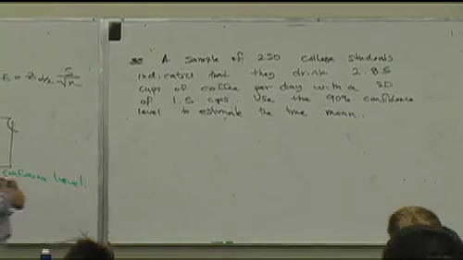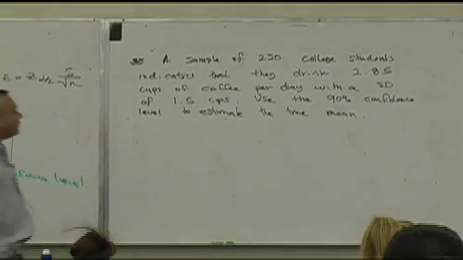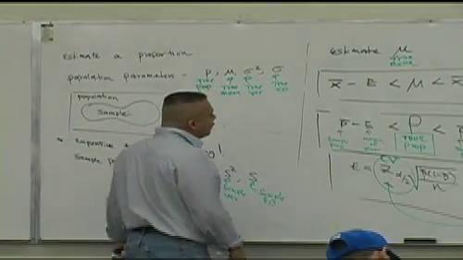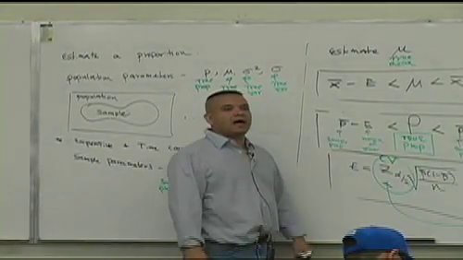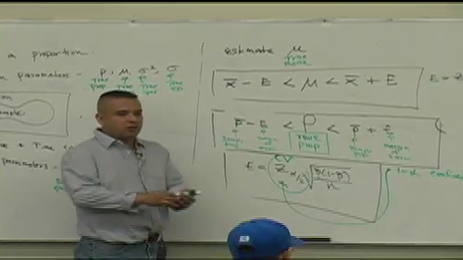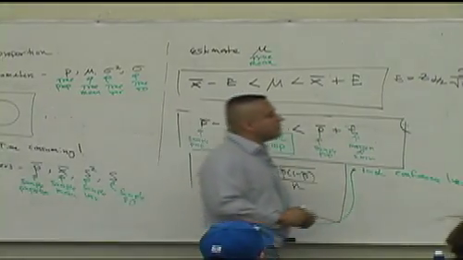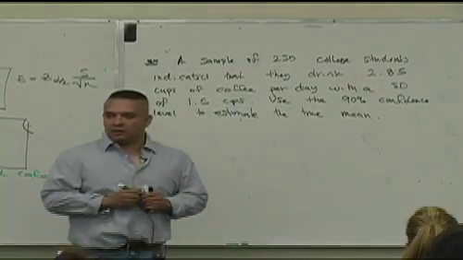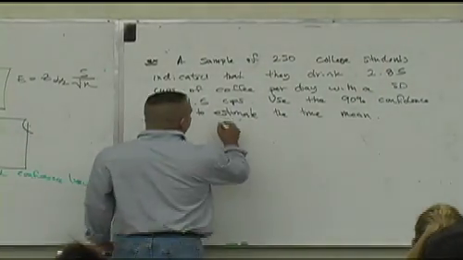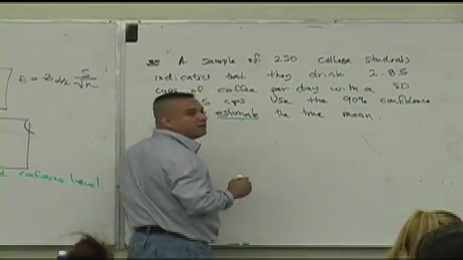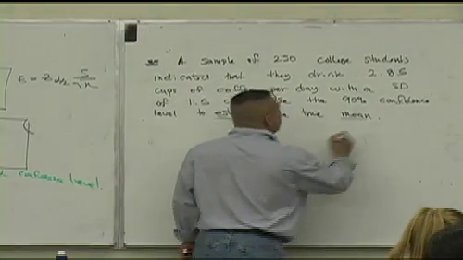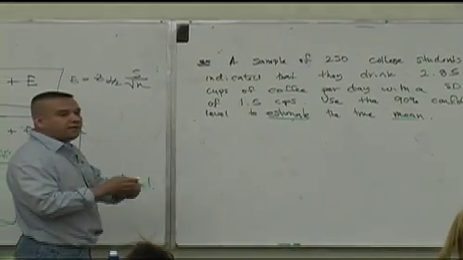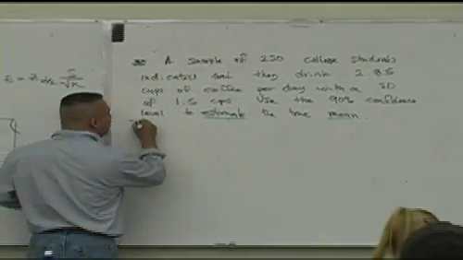Okay? And so, like the prior question, it's going to tell you to do what? To estimate. What are the instructions here? To estimate. How did you know? It says it. What are you going to estimate? The true mean. So once you identify what they're asking of you, they're asking you to estimate the mean.